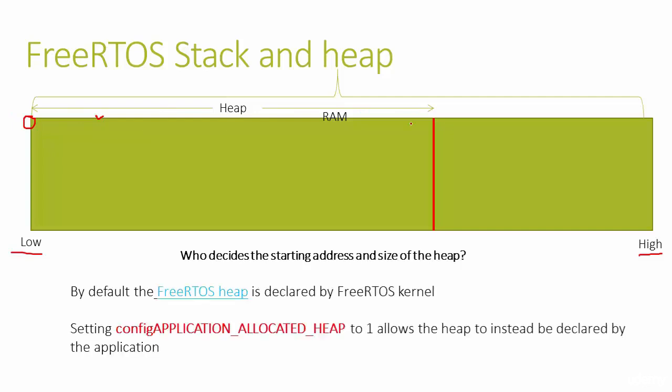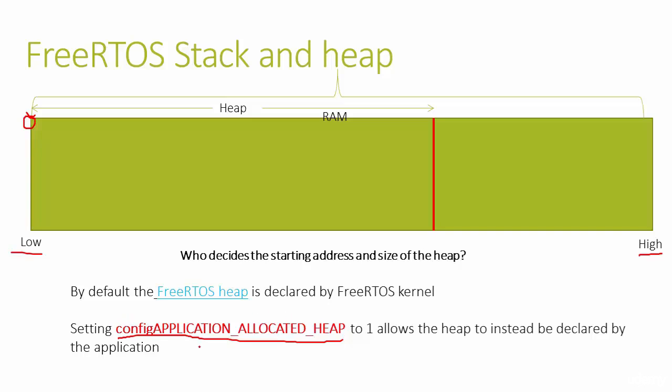By default, the FreeRTOS heap is declared by the FreeRTOS kernel itself. That is, the place from where it should start, and the size of the heap, will be decided by your kernel itself during compile time. Okay, and if you don't want the kernel to decide it, then you can set a configuration item. This is the configuration item, configAPPLICATION_ALLOCATED_HEAP.